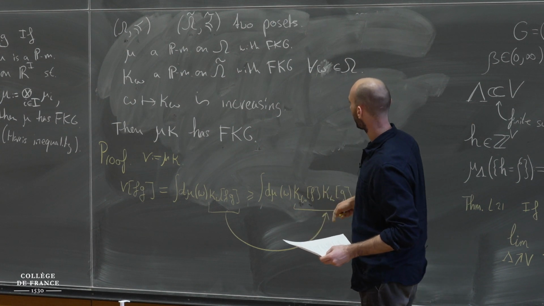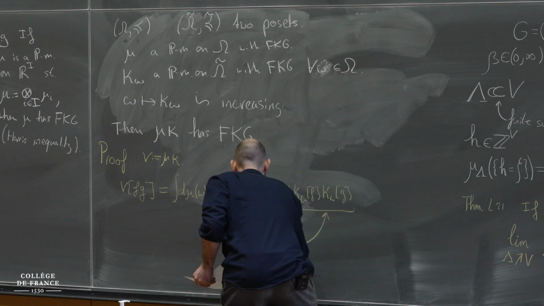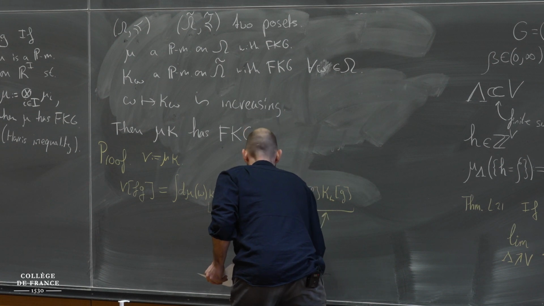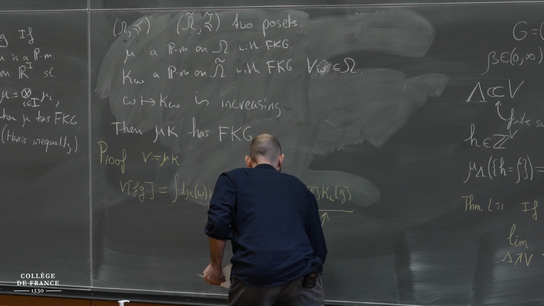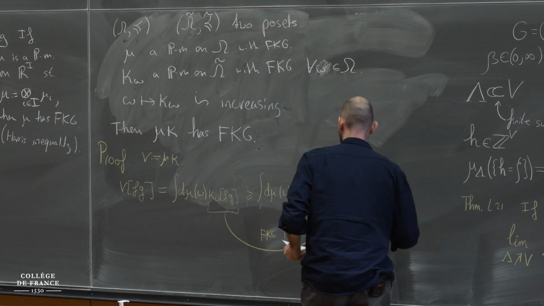And now we can use the FKG inequality for omega, for mu. So this is FKG for omega. And now we use d mu.